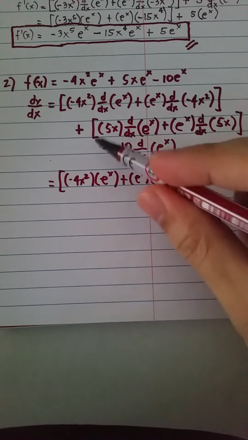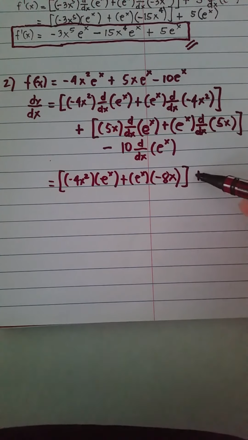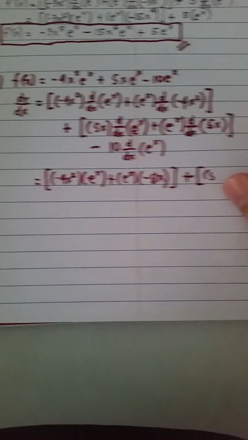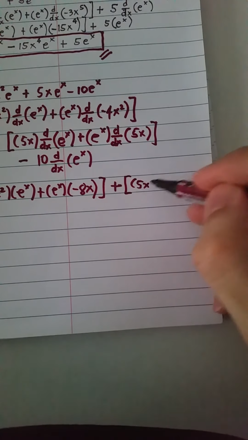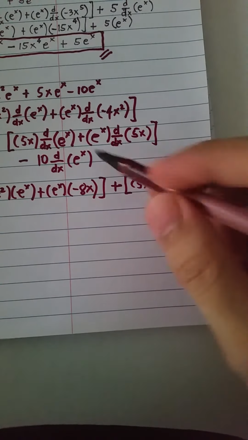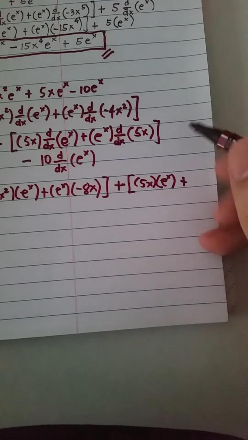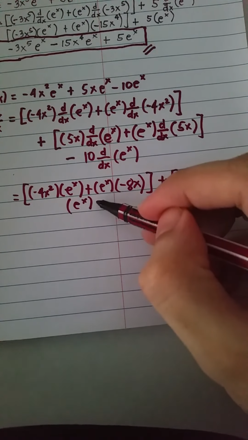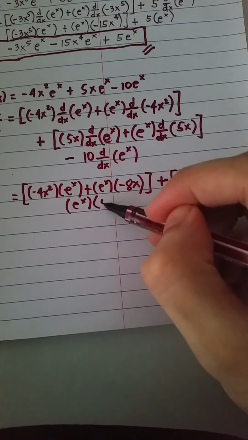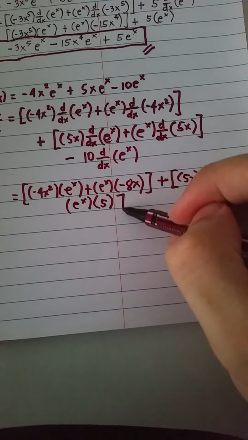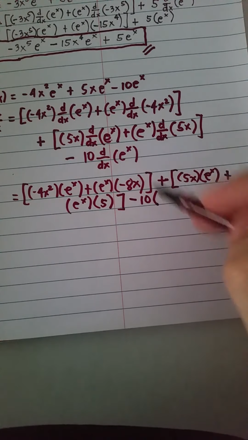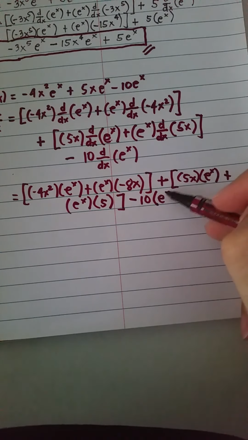Okay, then here this is plus, this is 5x multiplied with e to the x, that's the derivative, plus e to the x, and the derivative of 5x is 5. And then lastly we have negative 10 times the derivative of e to the x, which is still e to the x power.